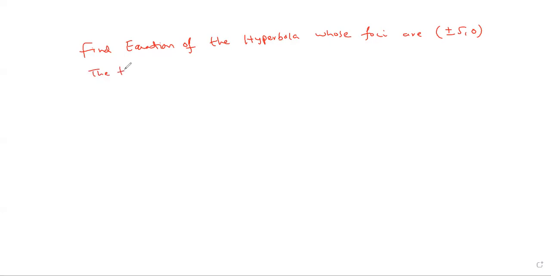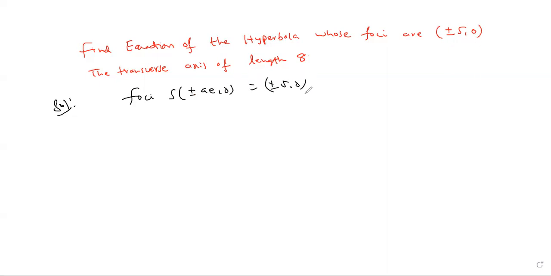The transverse axis is of length 8. Observe here. Foci, what is the formula? Plus or minus ae comma 0, which is equal to plus or minus 5 comma 0. By comparison, you get ae is equal to 5.